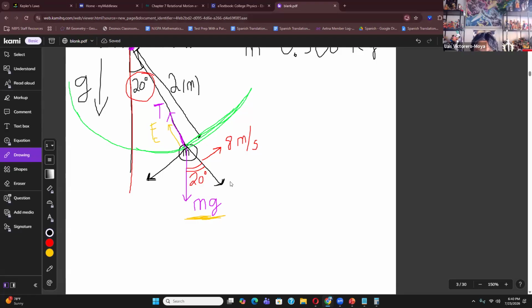So what's this component? And the tangential is... All right. How do tension, centripetal force, and this relate?